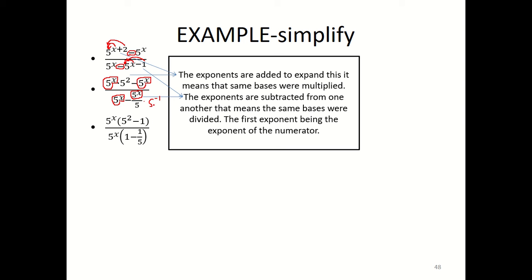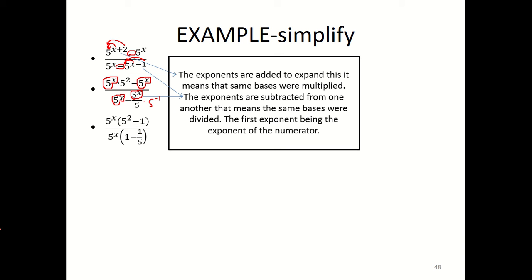I'm just showing you that if you did it the way I showed you earlier on, instead of putting that 5 in the denominator, you could have written 5 to the exponent of x times 5 to the exponent of minus 1. So if you take out 5 to the exponent of x in the denominator, you'll be left with 1 minus 5 to the exponent of minus 1. I hope that makes sense.